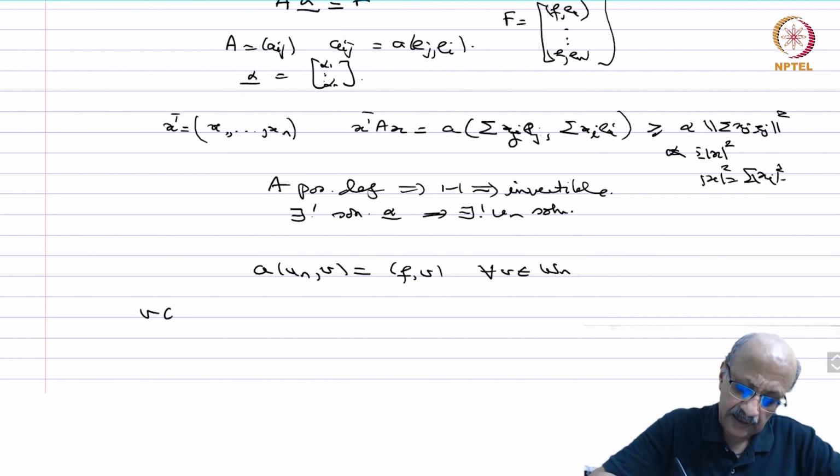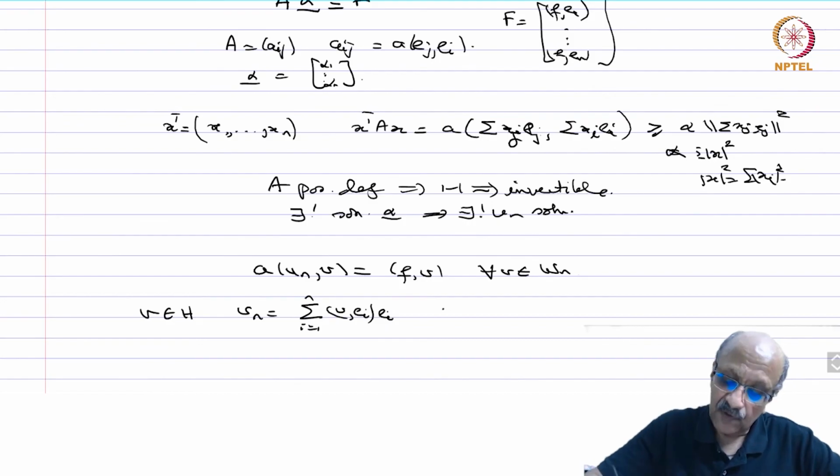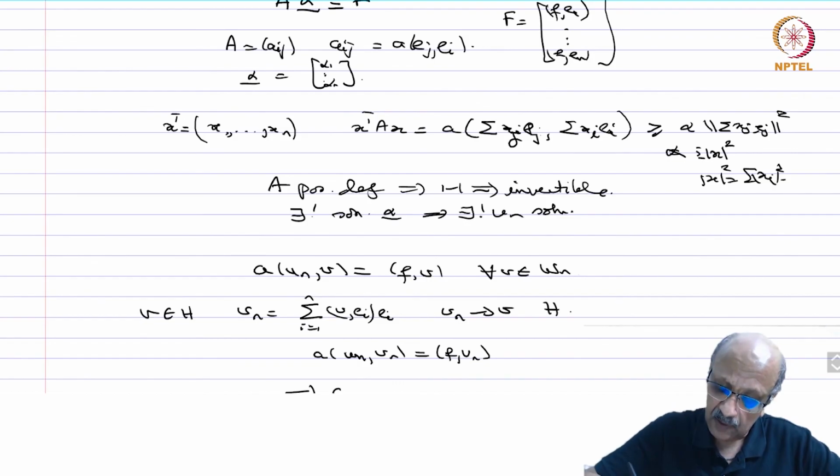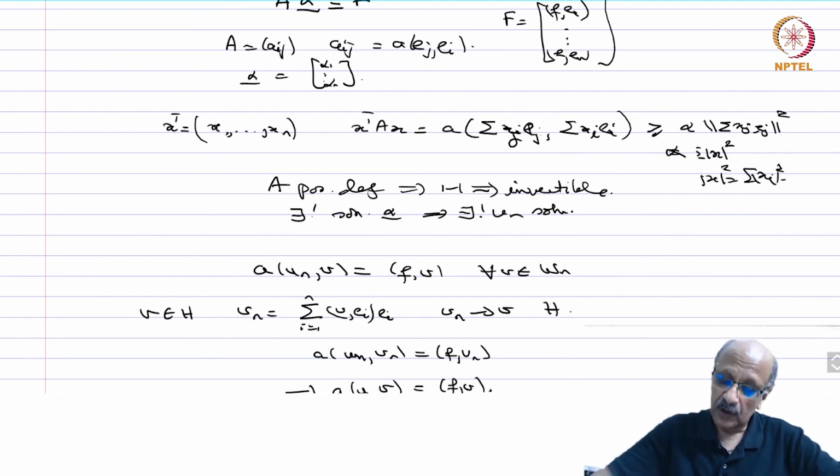So given any V in H, write Vn equals sigma i equals 1 to n of V, ei, ei, and therefore Vn converges to V in H, and you have A of Un, Vn equals F of Vn. Now pass to the limit, because A is a continuous bilinear form. Un goes to U and Vn goes to V, and this gives you F of V, and therefore we have produced a solution for every V in H.